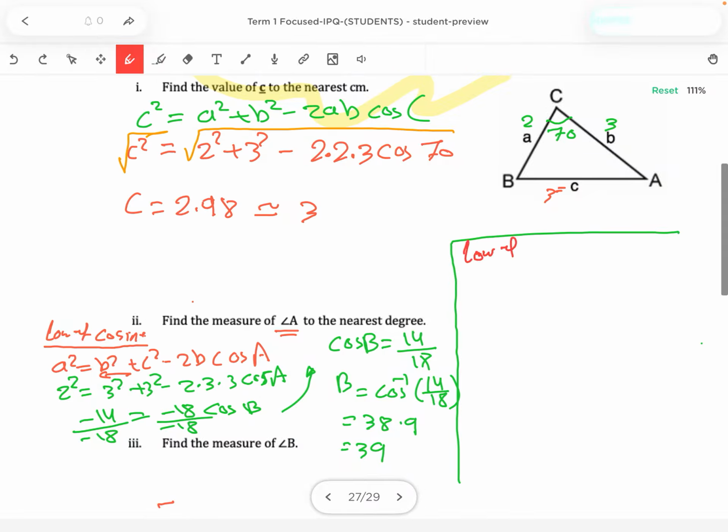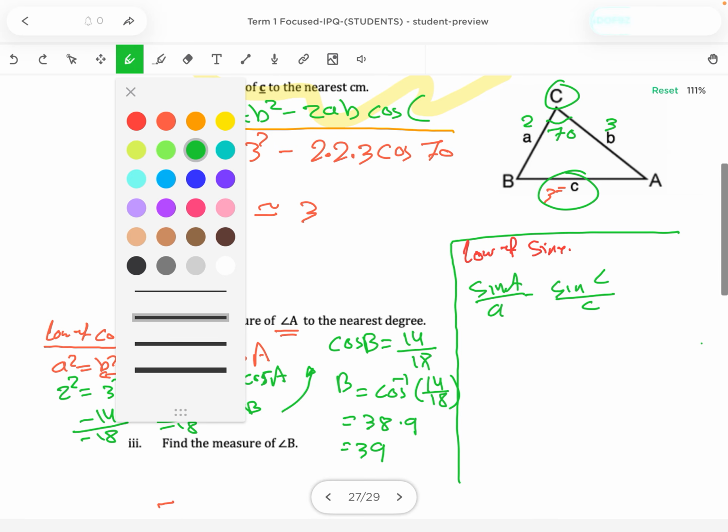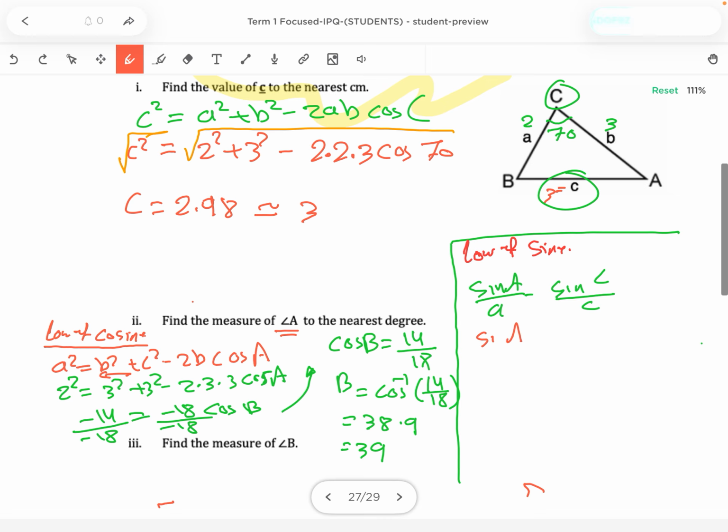So we can say sin A over a equals sin C over c, because these are the things I have. So let us replace: sin A over 2 equals sin 70 over 3. You cross multiply. So 3 sin A equals 2 sin 70, over 3, over 3.